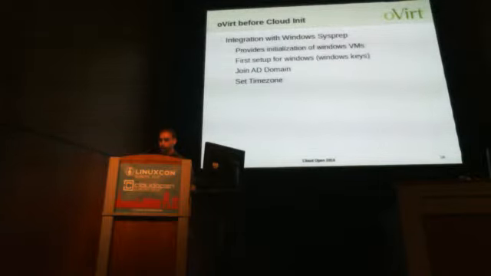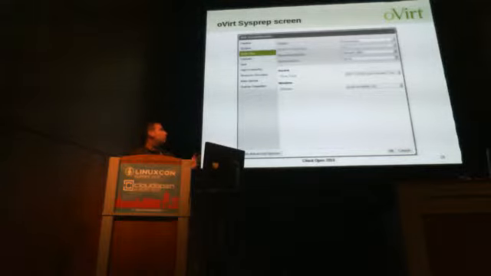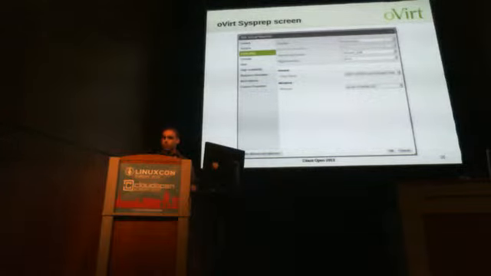And this is it. We had integration for this since the beginning. As you can see, it's pretty simple. Time zone and domain only for Windows VMs, and this happens during the boot of a Windows VM. This is what we had so far.